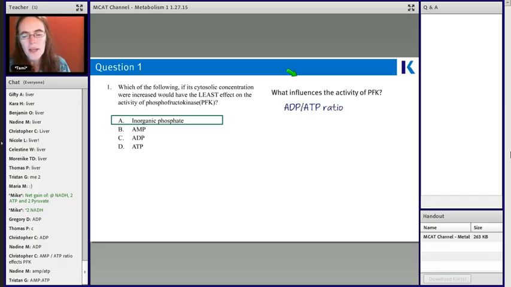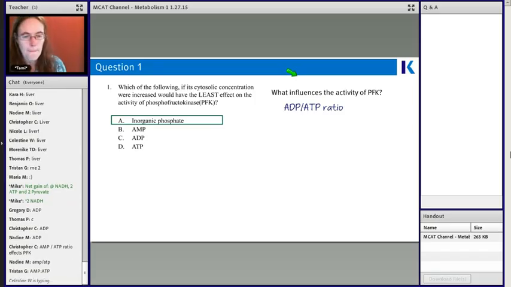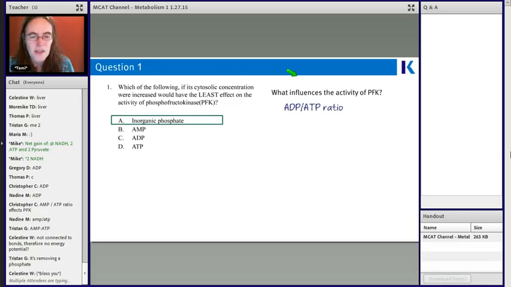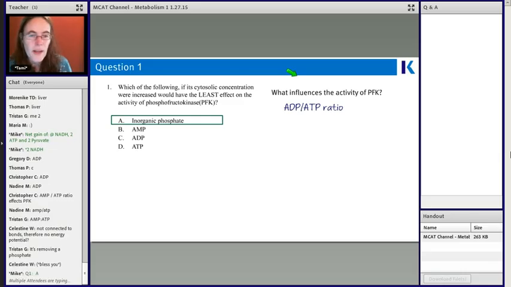Why would inorganic phosphate, having phosphates running around, not affect this? Let's get our critical thinking skills going in here. Yeah, so it's removing a phosphate.